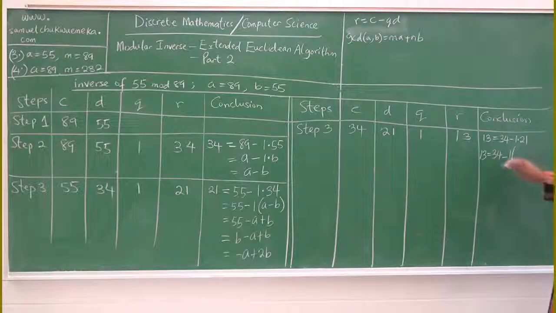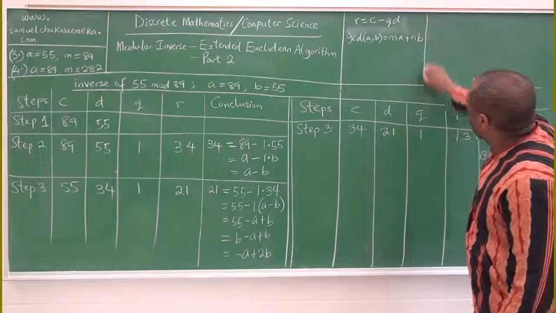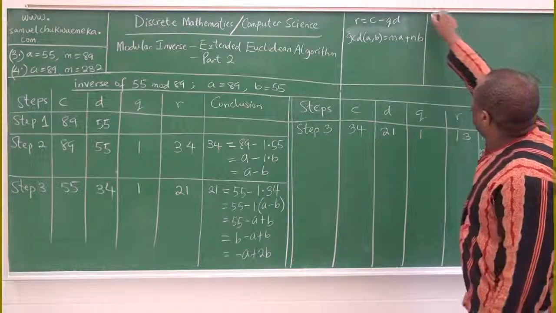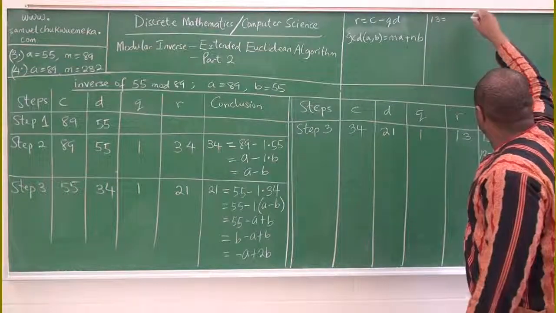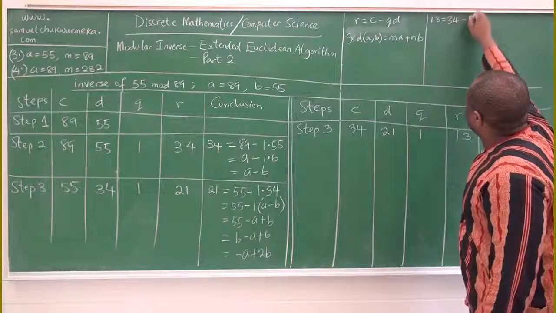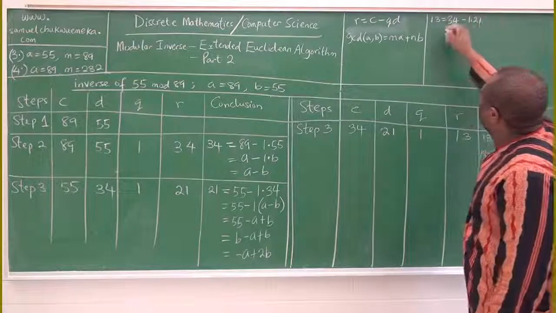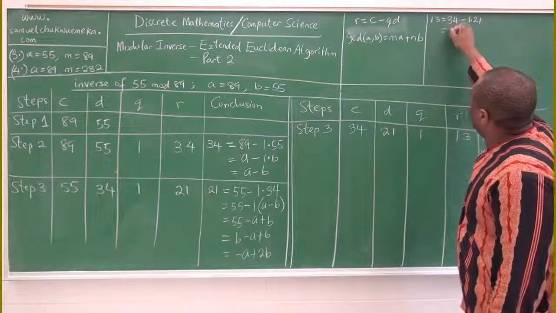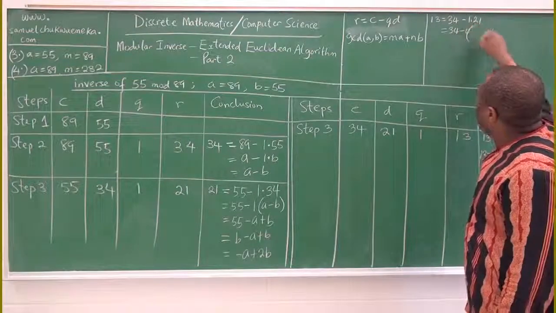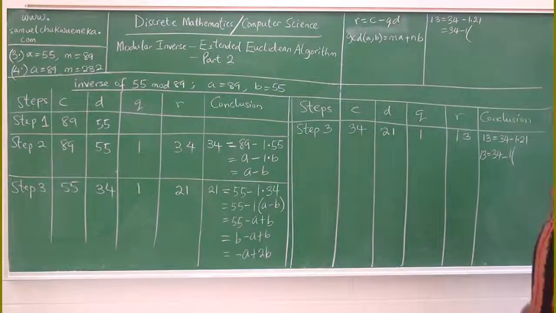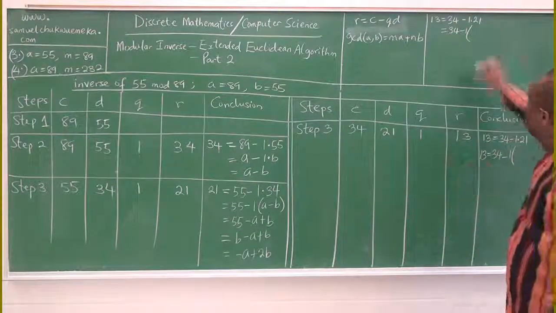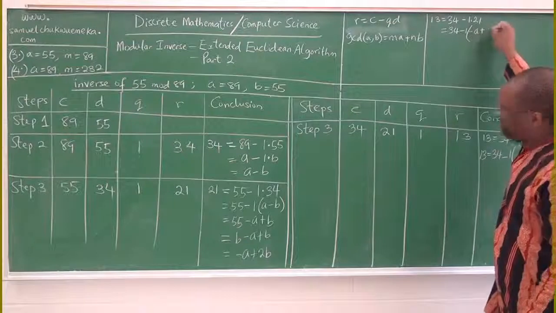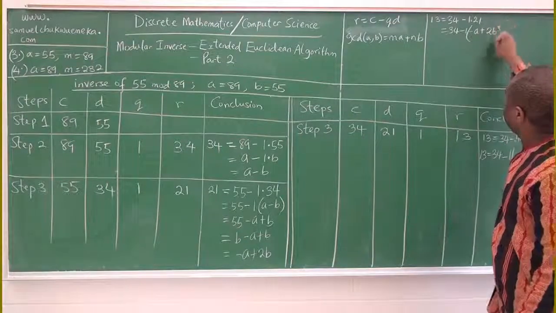I don't know whether you're seeing this space well, so let me just do it here. 13 is equal to 34 minus 1 times 21. So our 13 is equal to 34 minus 1 times 21 is what? Minus a plus b, minus a plus 2b, right?